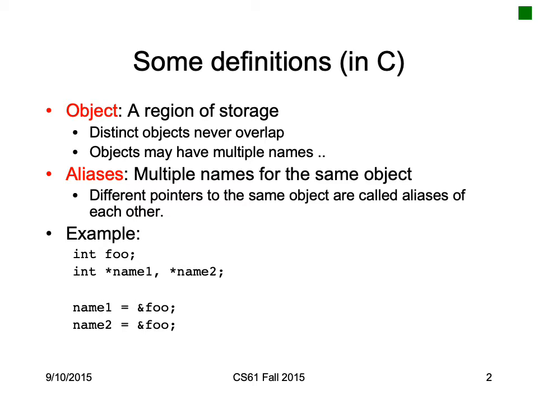And then in the code snippet, I assign both of them to point to foo, right? And remember that ampersand says take the address of this variable. So at the end of that code snippet, both name1 and name2 reference the same memory, and so they are aliases for one another.